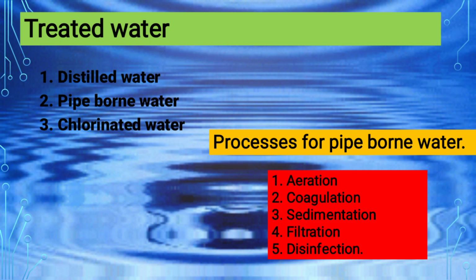What this salt does is form close contact with dirt or some solid substance, and they cluster together, which leads them to sediment. When it sediments, we can filter the water using filter beds.